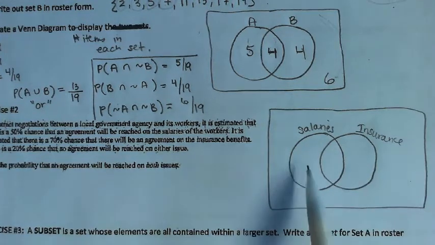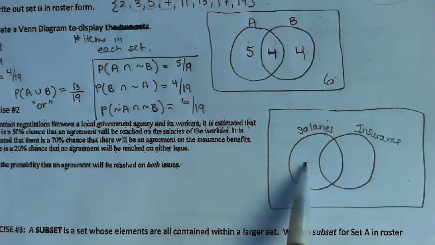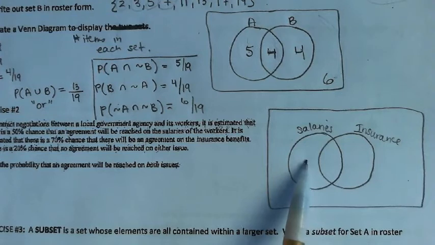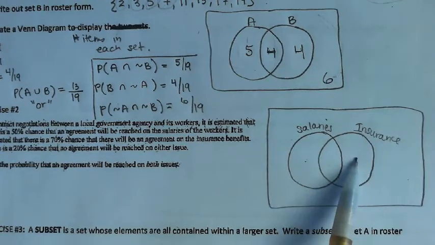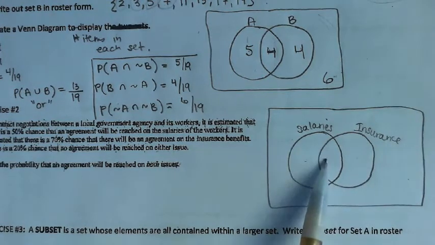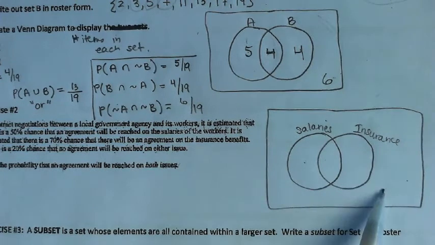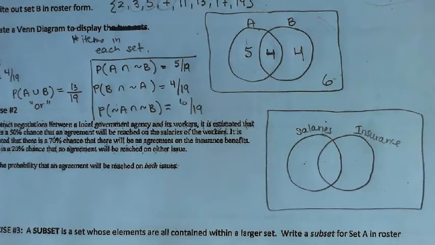So this part of the circle is for just reaching an agreement on salaries but not insurance. This part of the insurance circle is for just insurance agreement but not being able to come to an agreement on salaries. If you're in the middle, you're coming to an agreement on both, right? And if you're outside here, you're coming to an agreement on nothing. And they should add up to 100%.